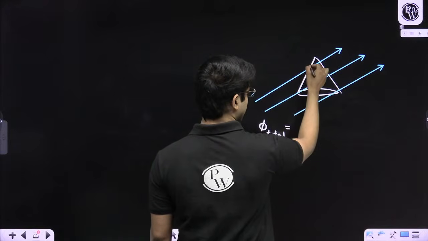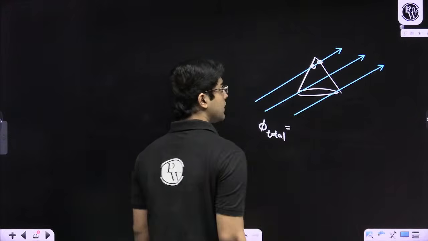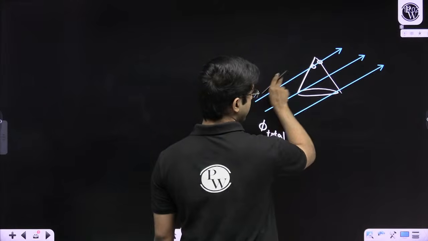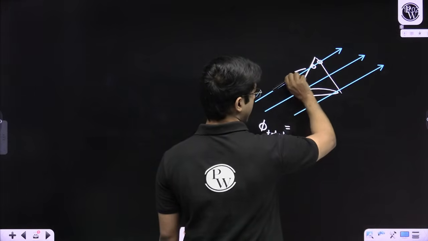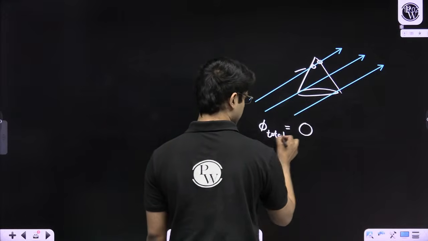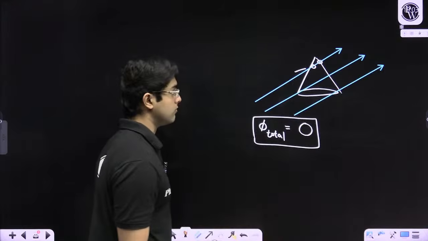Any field line that enters the cone also leaves the cone, right? Entering field lines contribute a negative flux, exiting field lines contribute a positive flux. So in total it will be simply 0 itself.